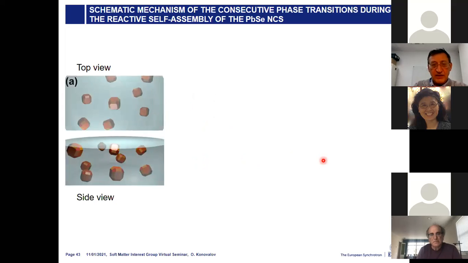And then this slide would summarize our understanding of this process. At the beginning, the top graph is a top view, and the lower graph is a side view of the interface.